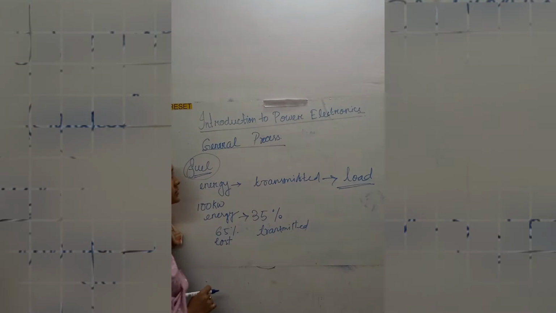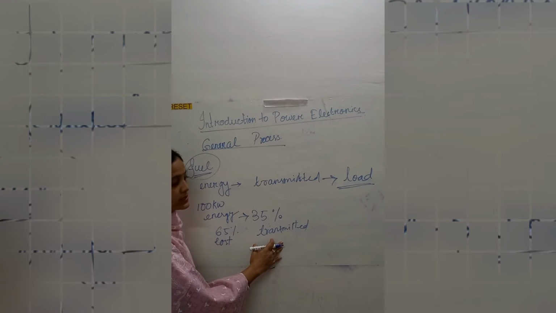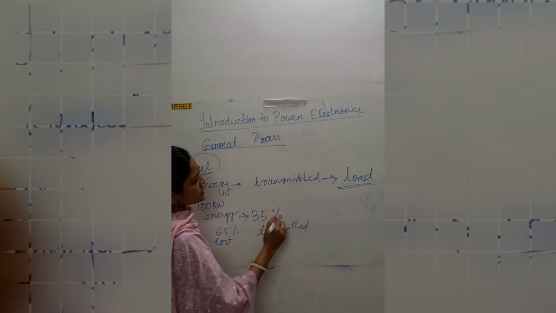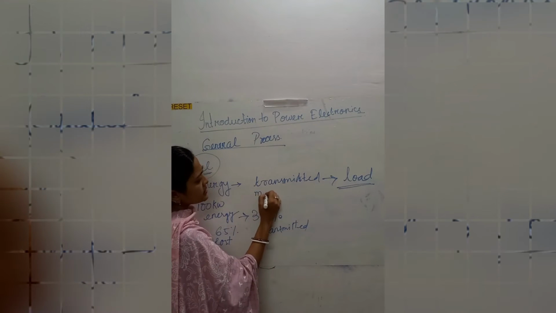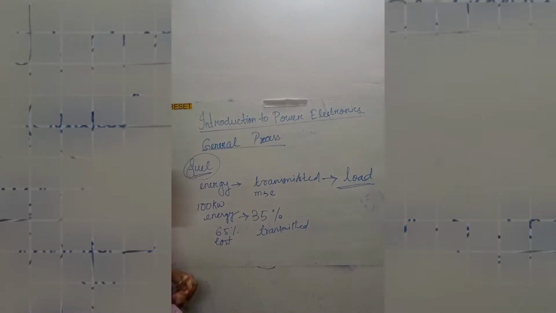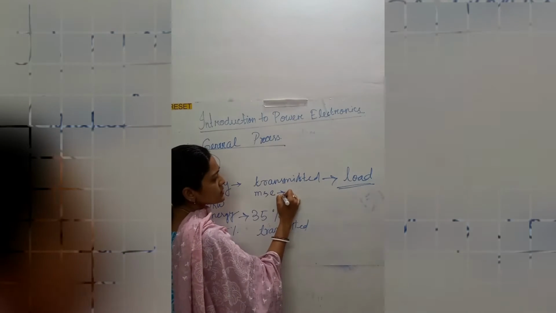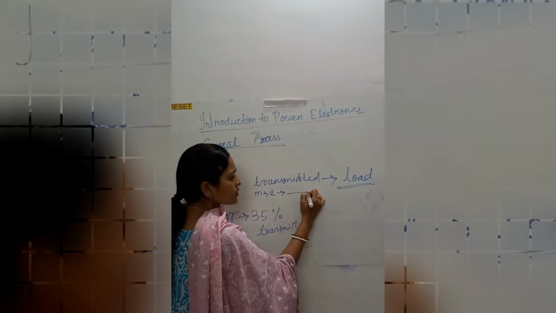For example, I am taking a reference from about 5 to 6 years back. This 35% is transmitted, and in this process we go from mechanical to electrical conversion. From this electrical conversion we go to the load.